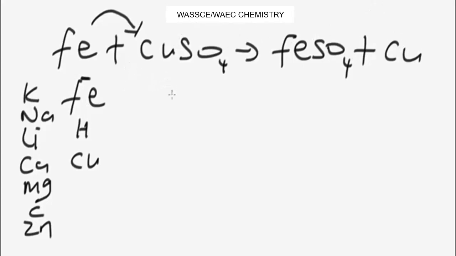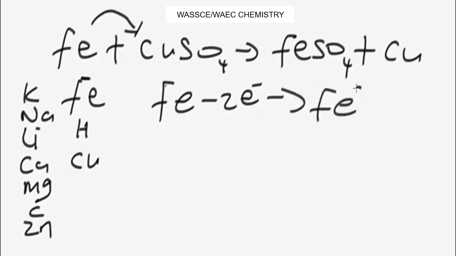Basically in the reaction above, the iron lost 2 electrons to become iron 2 ion. So the iron got oxidized by losing 2 electrons to form iron 2 ion, whereas the copper ion gained 2 electrons to form copper atom.